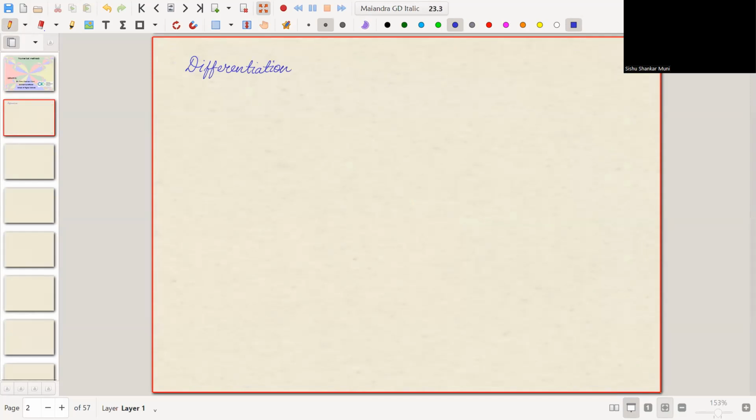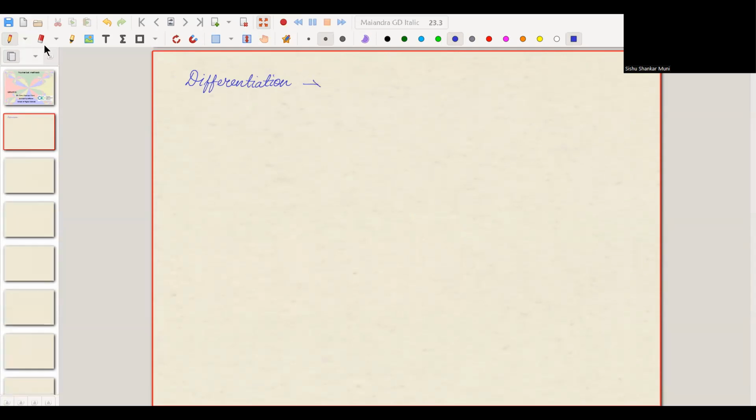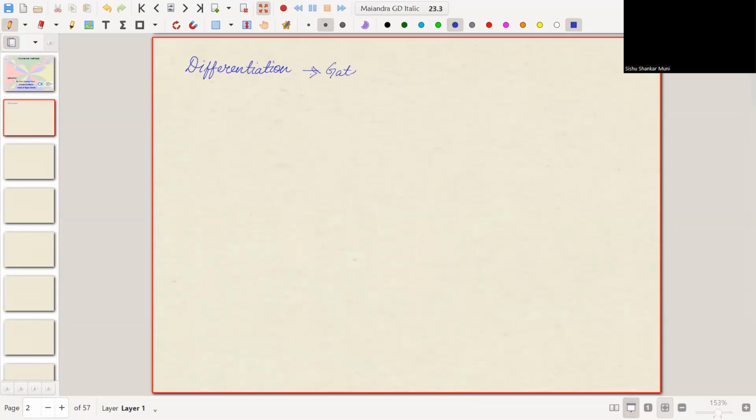Differentiation is a gateway to differential equations, which we'll cover in the next unit.